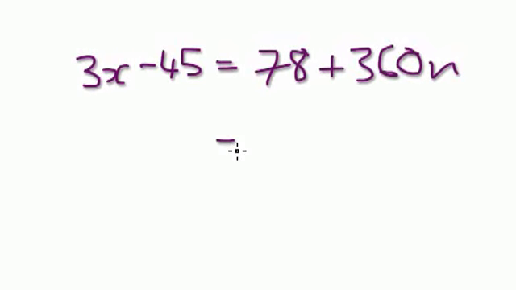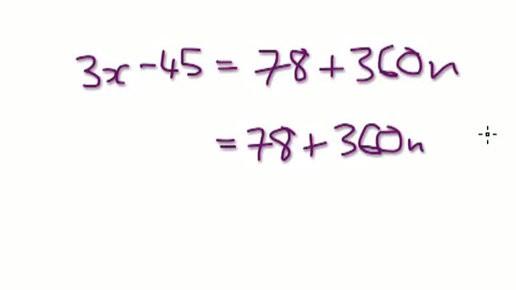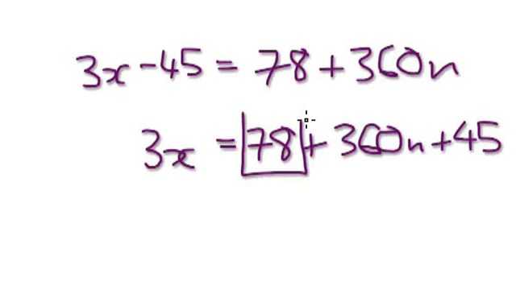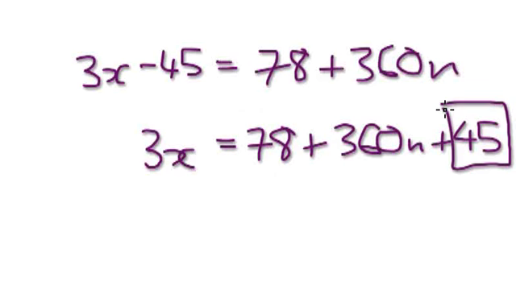So add 45 to both sides. So it will be 78 plus 360n plus 45 equals 3x. You see, single number here, single number here. We can merge those two together.